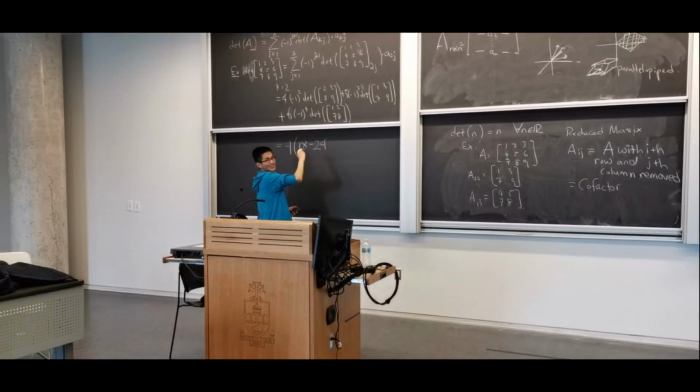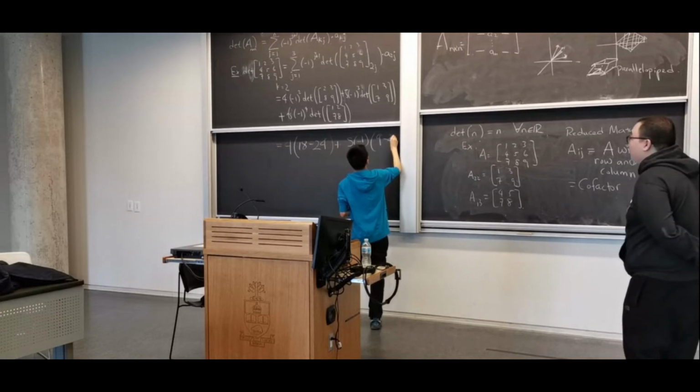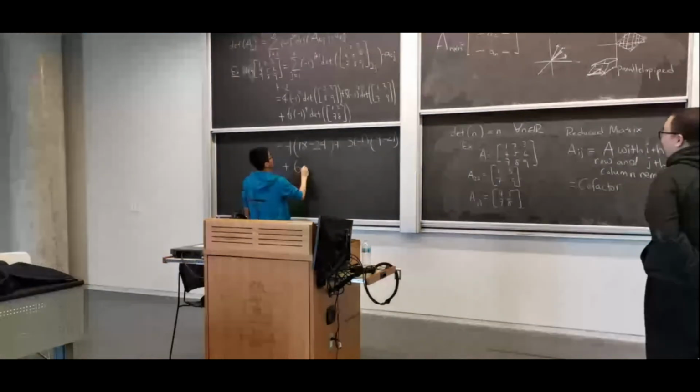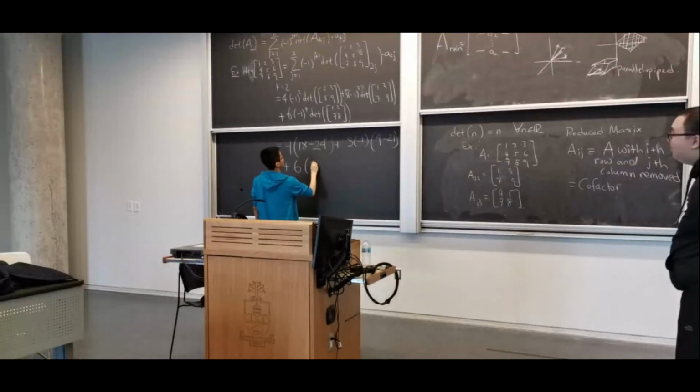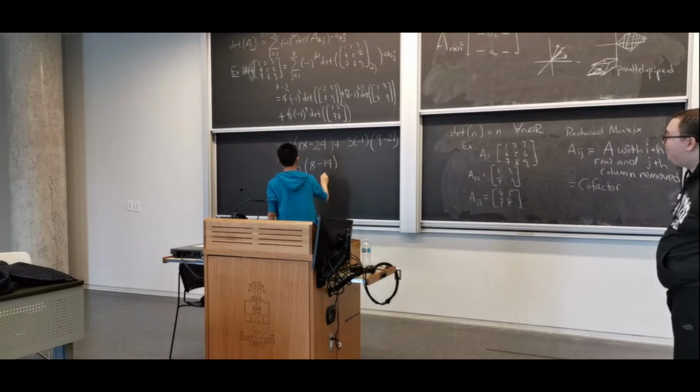Does that look right? 18 minus 24, plus 5 of negative 1, 9 minus 21, plus 6, 8 minus 14.